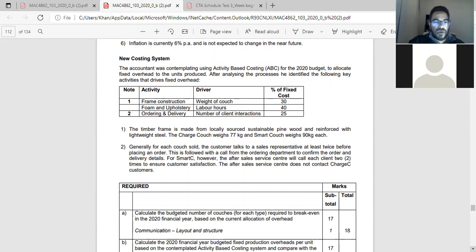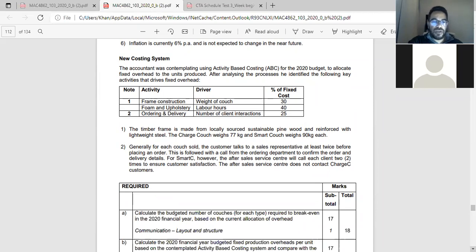So in note number 1, note number 2, or whatever that is, we have the activities, which are frame construction, foam and upholstery, and ordering and delivery. The cost drivers are weight of couch, labor hours for foam and upholstery, and number of client interactions. The fixed cost allocation is 30%, 40%, and 25%.